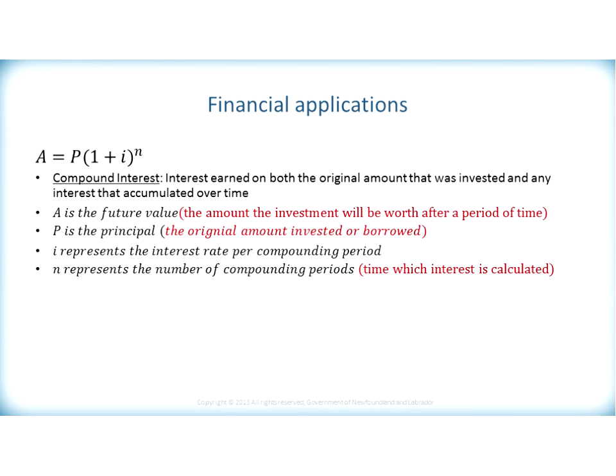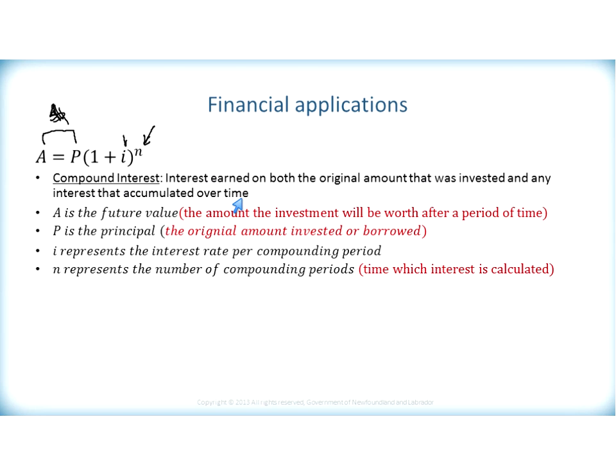Here we have financial applications. We have A and P, P being the principal, and these will be the same amount in dollars, of course. n is the number of compounding periods, and i is the interest. Some of these are new. Compound interest is the interest earned on both the original amount that was invested and any interest that has accumulated over time.